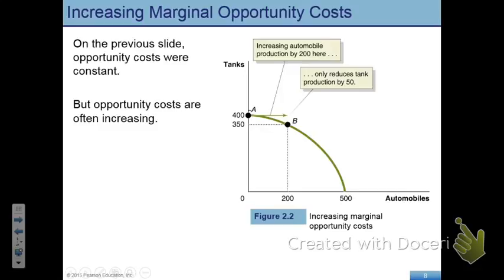Suddenly they get work, and we argue in economics that at the initial stage of production, resources are more productive. So when you send the first batch of resources to the automobile industry, they end up producing a lot of automobiles, 200 of them. Do we all see that? Does it make sense?